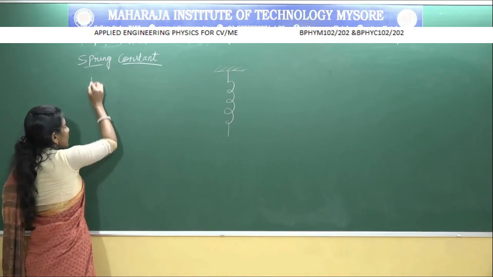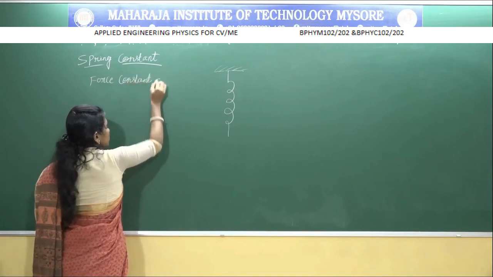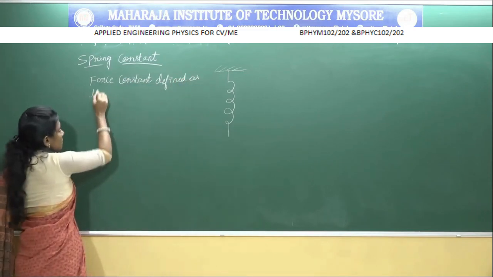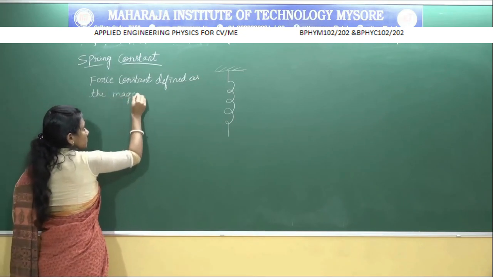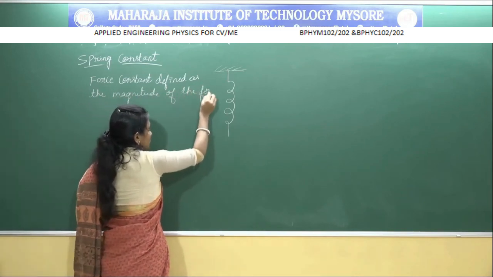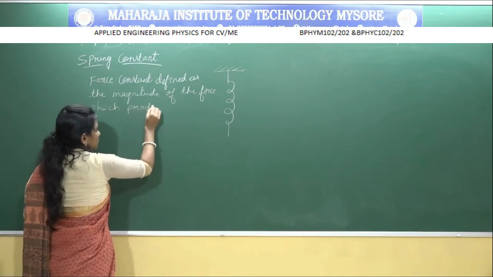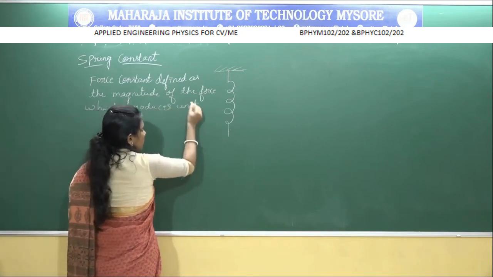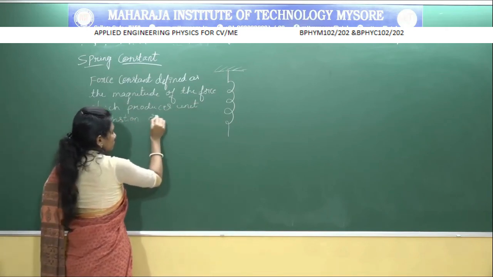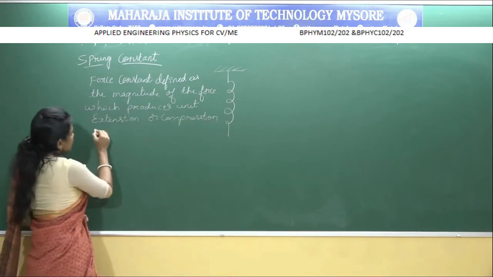So force constant is defined as the magnitude of the force which produces unit extension or compression within the elastic limit.